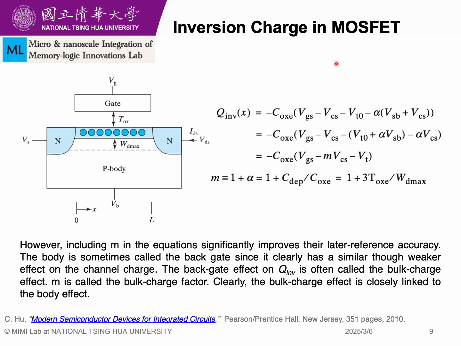Now we can see that the body or the backgate has a similar but weaker effect on the channel charge compared to the gate, and M typically has a value around 1.2, but we can also use M as 1. So the bulk charge effect is intrinsically linked to this body effect, and it further emphasizes the complex interplay of voltage and charges within the MOSFET structure.